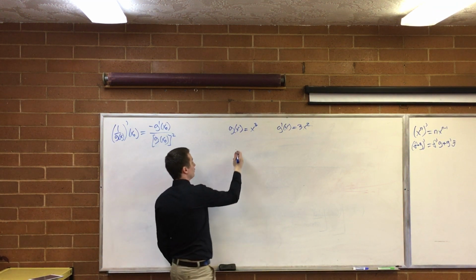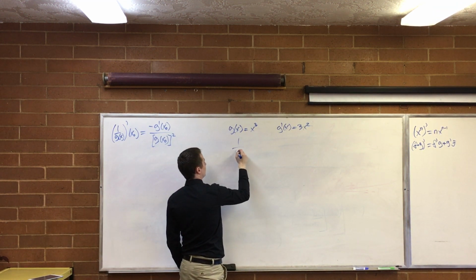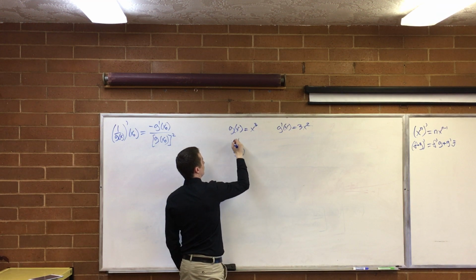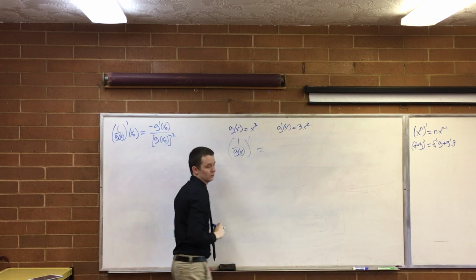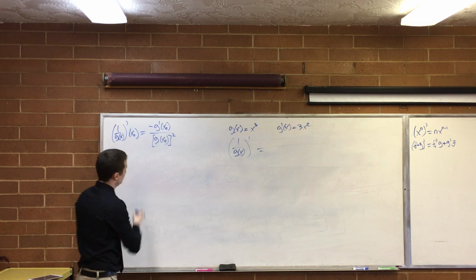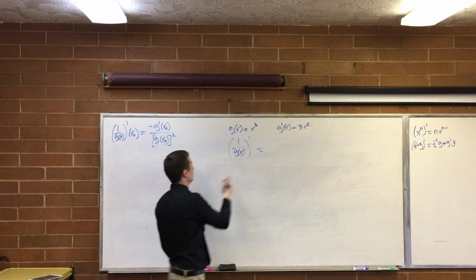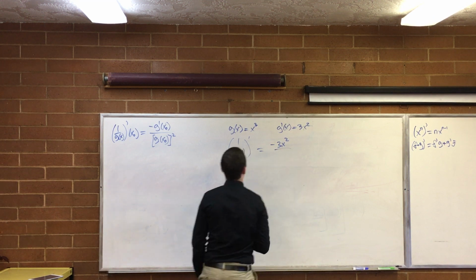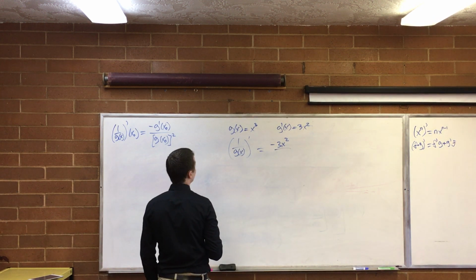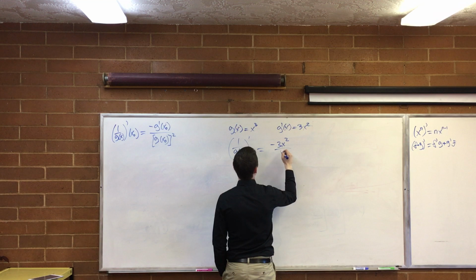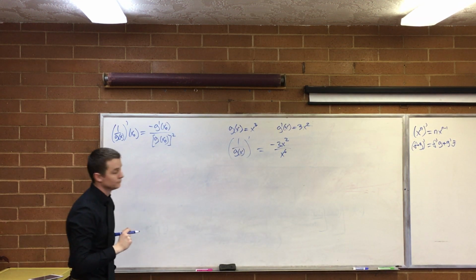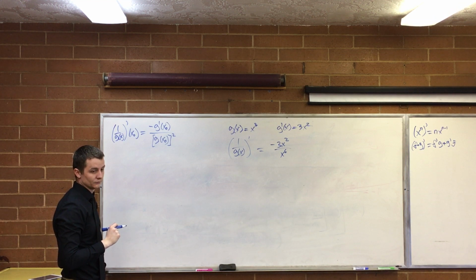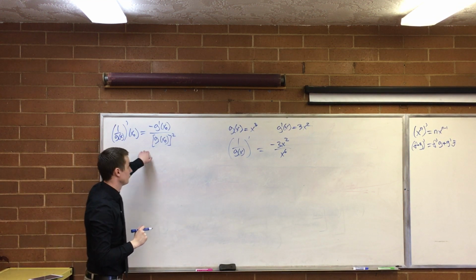Now the question is, should it be easy for you to figure out what the derivative of 1 over g of x is? Based off of what we know, we're going to end up getting negative 3x squared over x to the 6, using this formula.